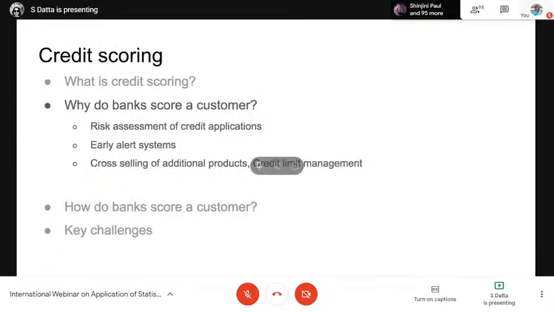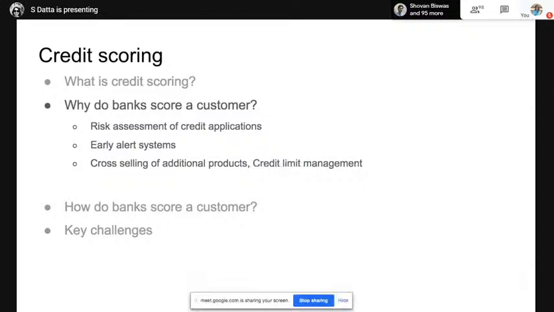So that's why you need to keep enough capital. That's why it's very important to understand what risk levels you're dealing with. So that's another reason why it's useful to do regular credit scoring of customers, so that you know how the risk levels look at a recent point in time.